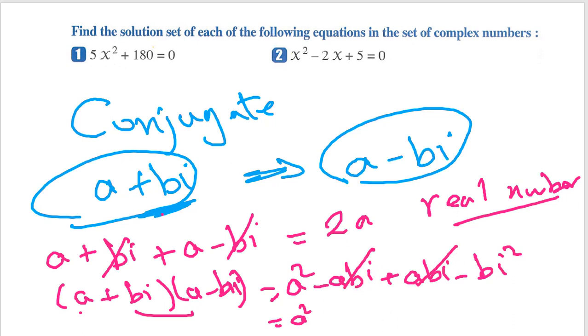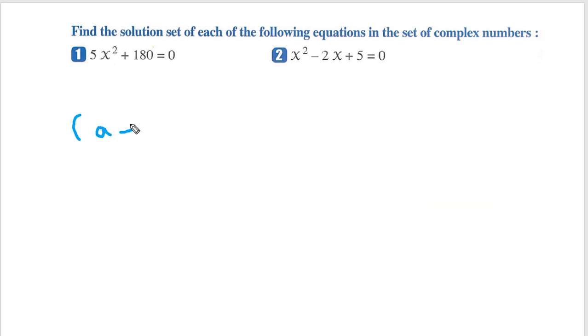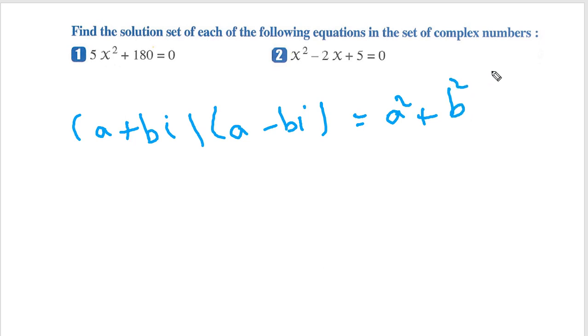But here, i squared, and I know this value, it is negative 1, so negative by negative gives positive b squared. Then you will get this form: a plus bi times a minus bi will be a squared plus b squared. The number times its conjugate is a squared plus b squared.